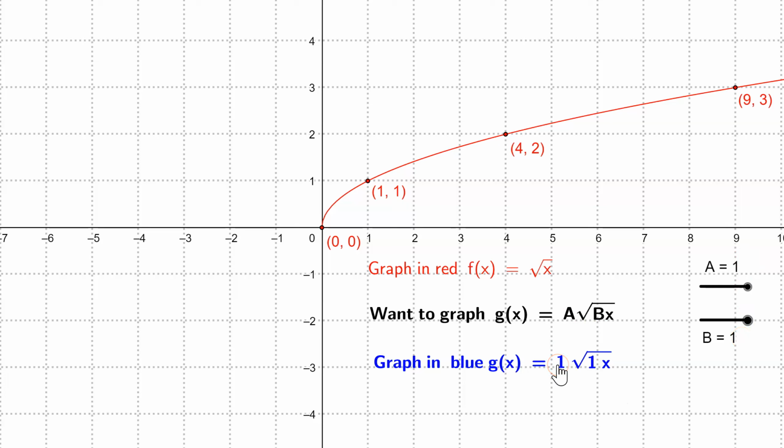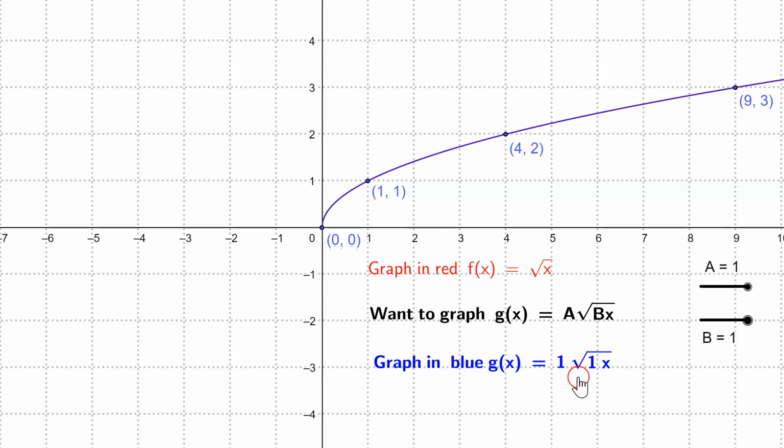So I'm going to have 1 times the square root of 1 times x. We never write it like this. We always just write it as the square root of x. So when I currently graph g of x, it should lie on top of my f of x graph. Did that happen? Yes, here's my blue graph that lies on top of my red graph.